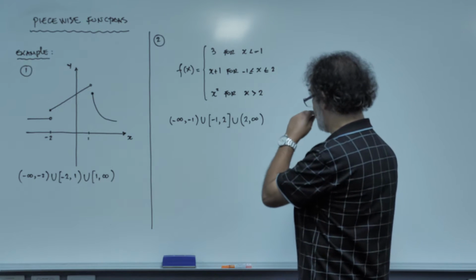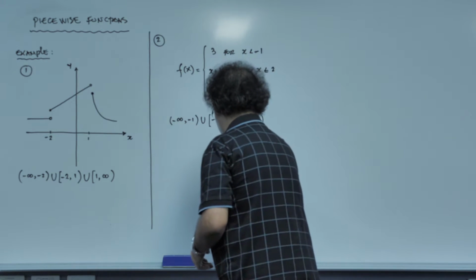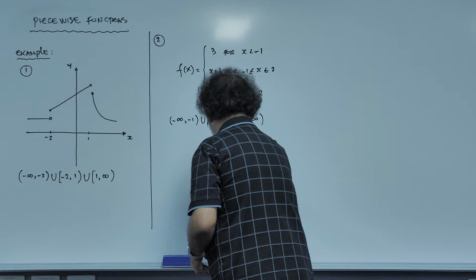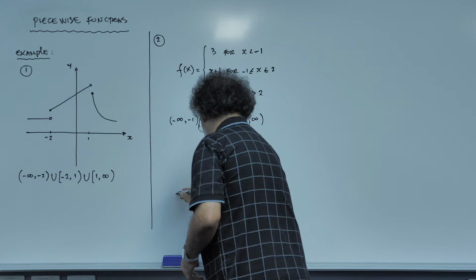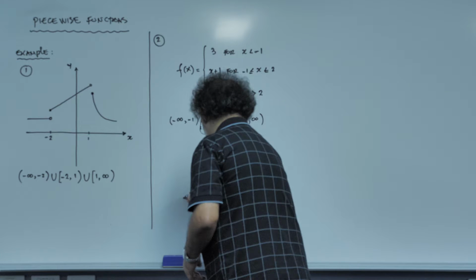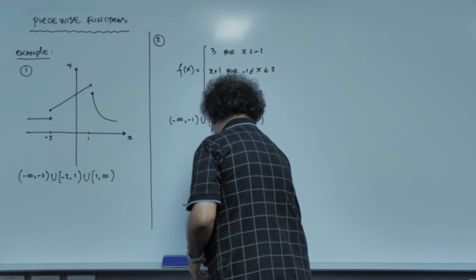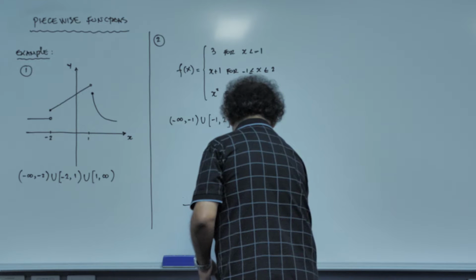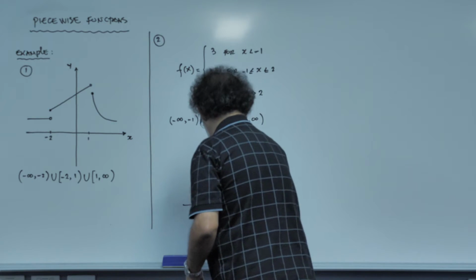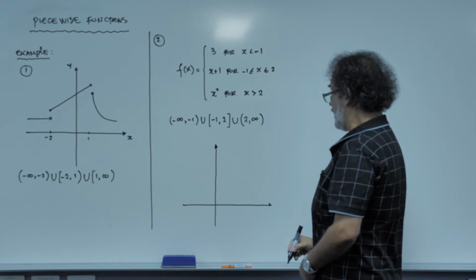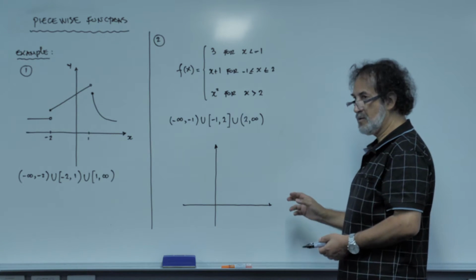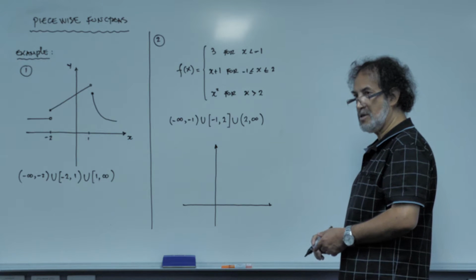Okay, so let's draw the picture, and then the whole thing will make sense. We're going to do it in the best possible way. The first thing that we need to do is to identify the cut points.